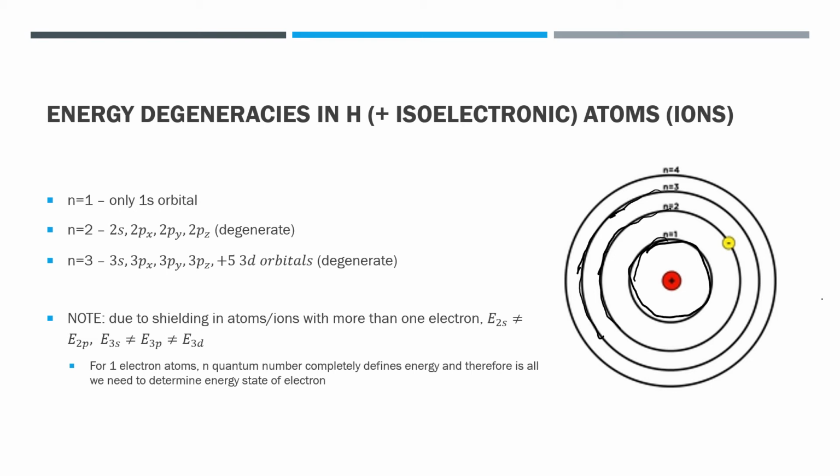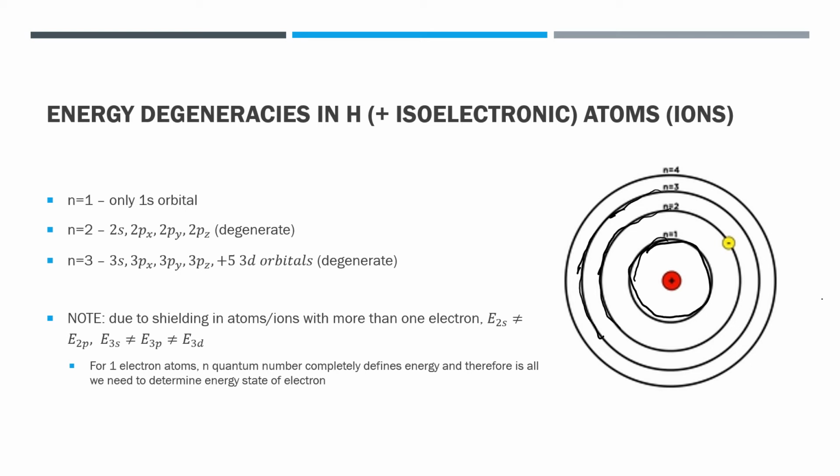That means we need 9 degenerate orbitals, and this comes from our 3s orbital, our 3p orbitals, and our 3d orbitals. And again, these are all degenerate in the hydrogen atom, and the differences in energies that we usually see when we look at these orbitals come from something called shielding when there's multiple electrons in the atom.